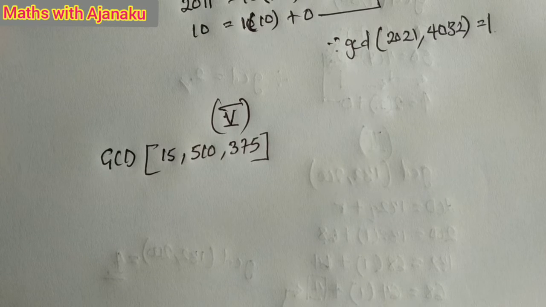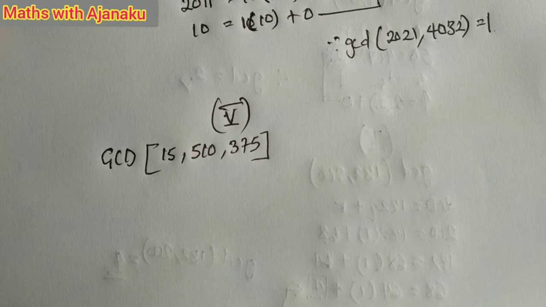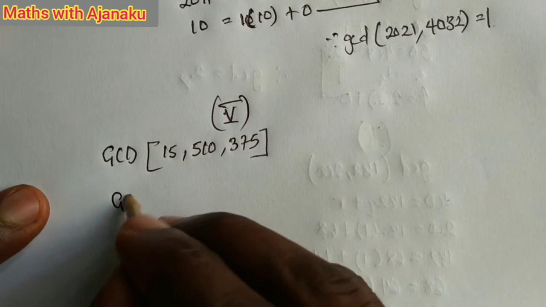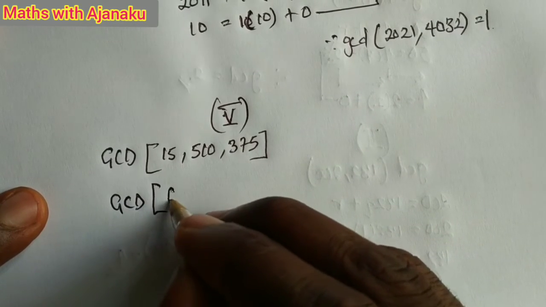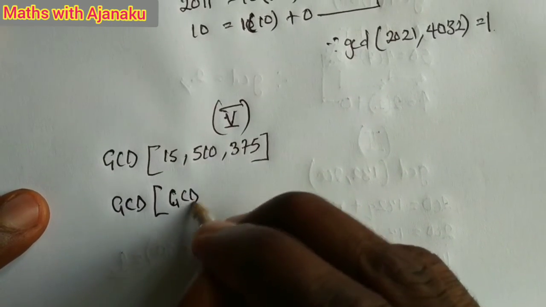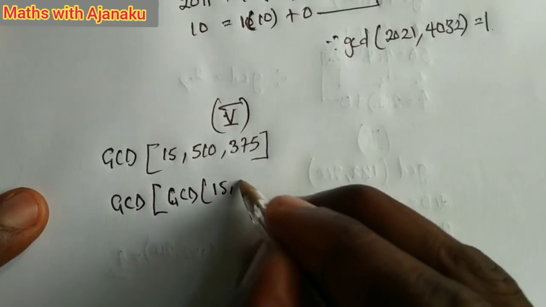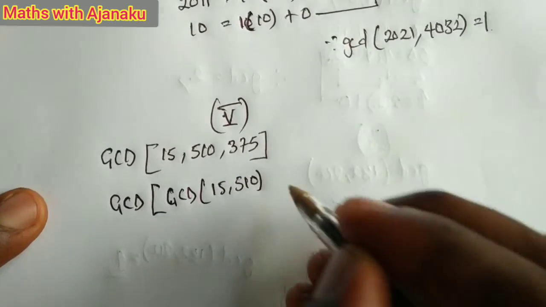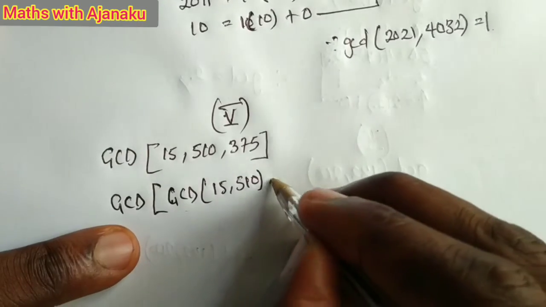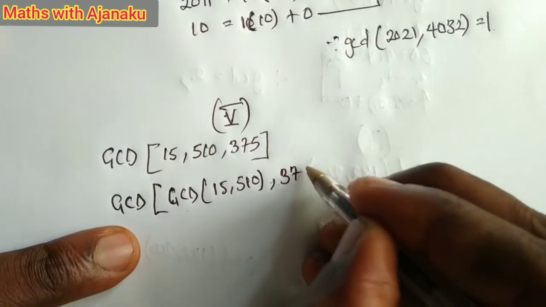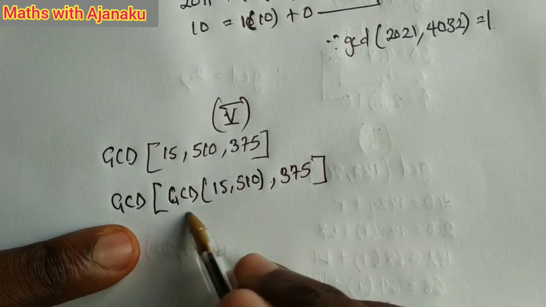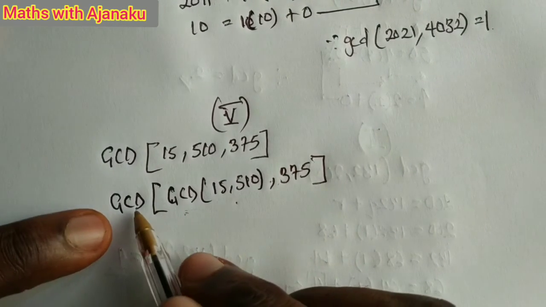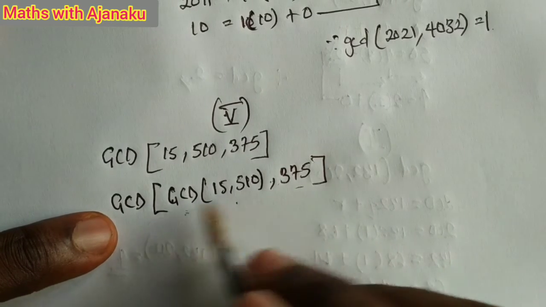Just know that this can be broken down as: first find the GCD of these first two numbers, 15 and 510. Then find the GCD of this resultant value and 375. So the resultant value you got here, now combine it with this and find the GCD.